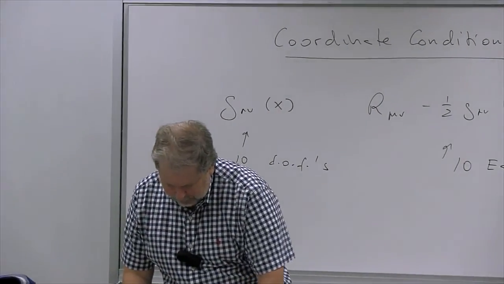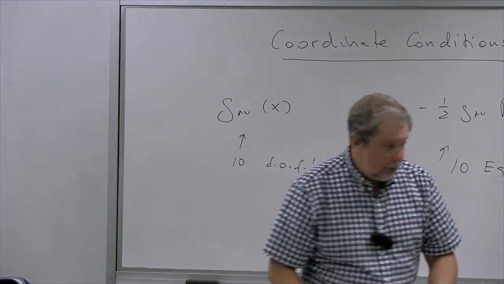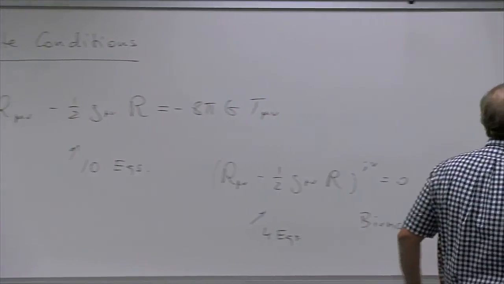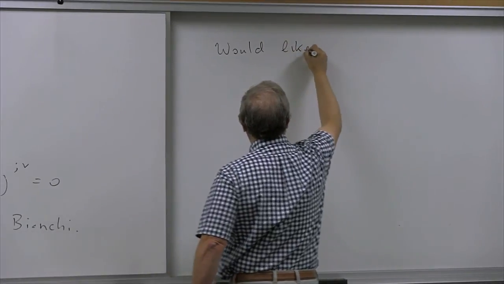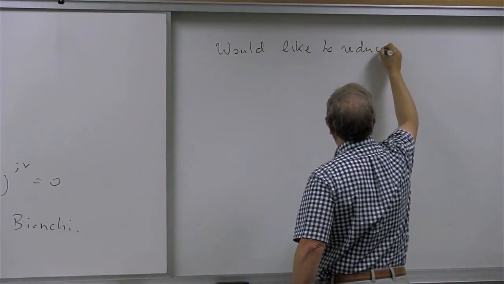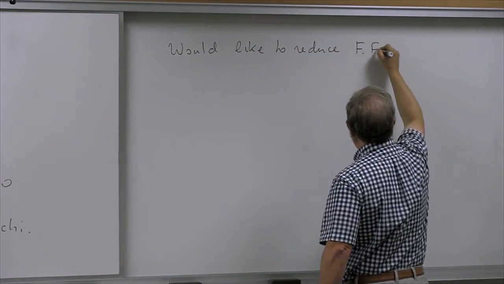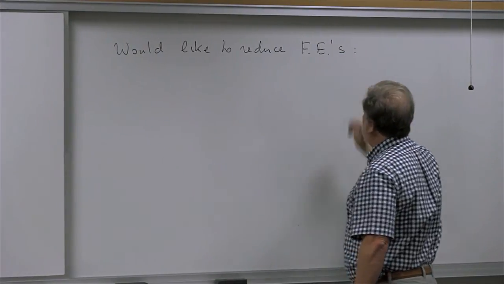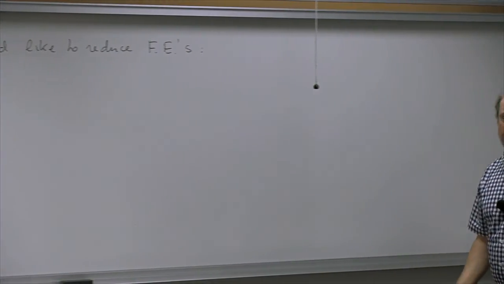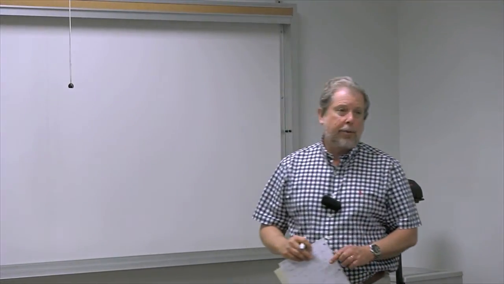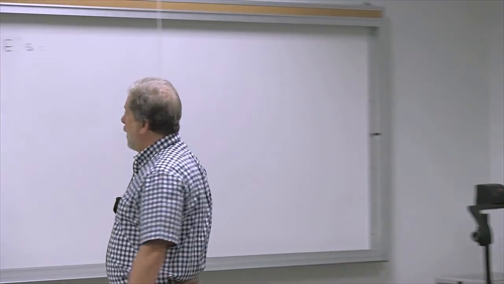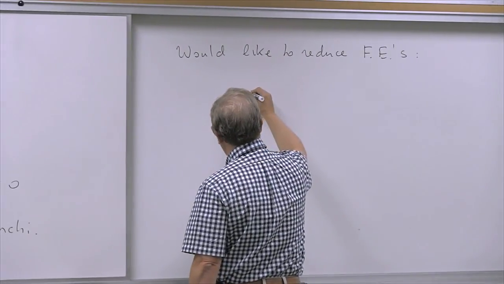And so that gauge condition would like to reduce the field equations, right, to something that looks, under appropriate circumstances, which turns out to be weak fields, like the electromagnetic field equations.